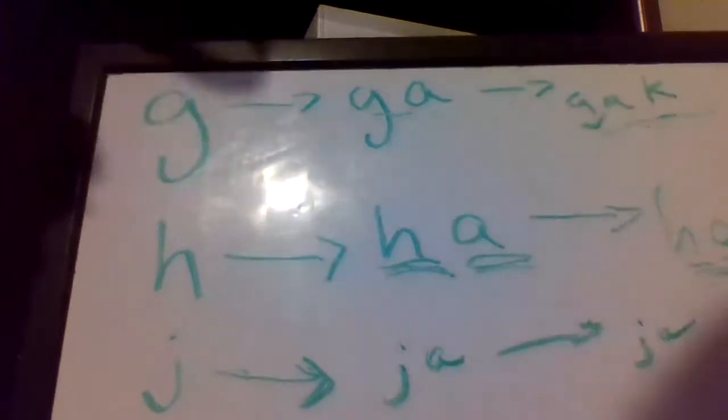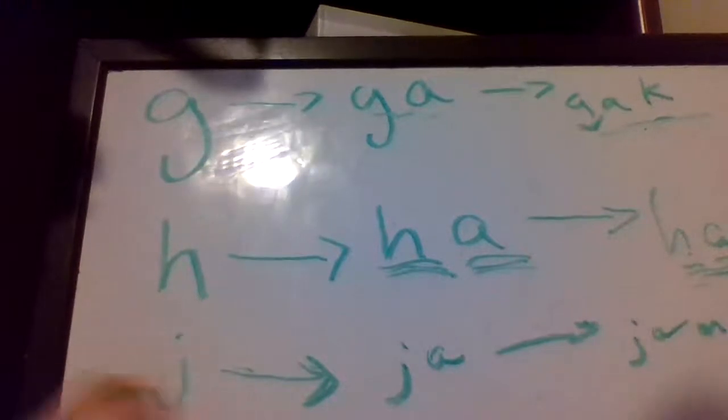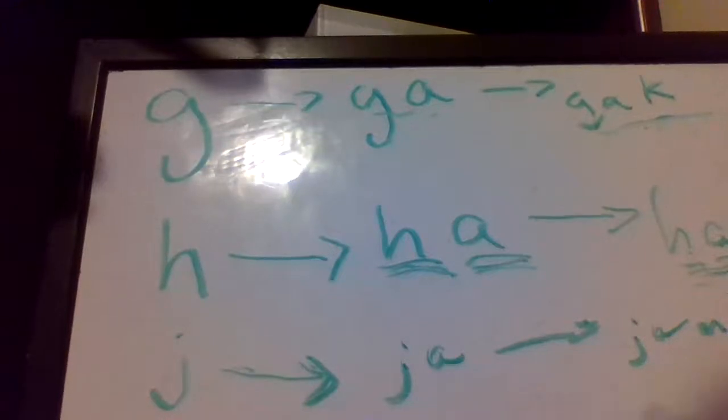So we're going to make the JA and add an M. So we have J, A, M. To most people, if you know this word, it's jam. But if we say it how we pronounce it, one letter at a time, it's J, A, M, jam. But we know the word is jam.